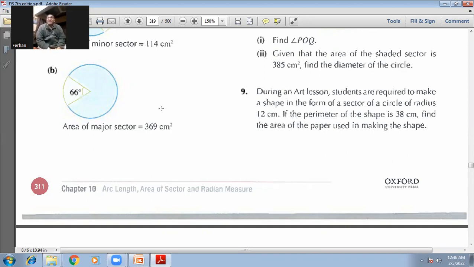And you know the perimeter of the sector is radius plus the arc, and that's equal to 38 centimeter. Find the area of the paper used in making the shape. So we have to find out the area. So we know the radius of that sector, we know the perimeter of that sector. You know the perimeter is the radius plus the arc. So from there I can crack this question.